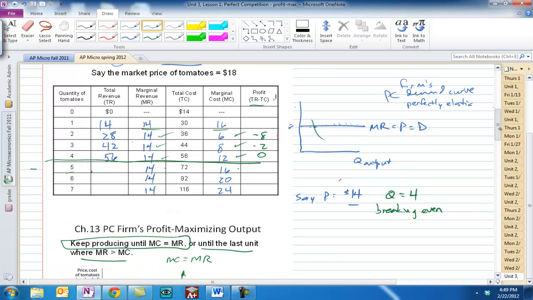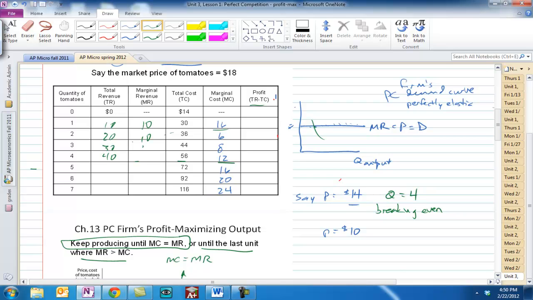Now let's do one more, and then we'll take these down to the other slides. Say that the price is equal to $10. Again, let's erase all this. Those can stay. Okay, so at a price of $10, we've got 10, 20, 30, 40, and so on.